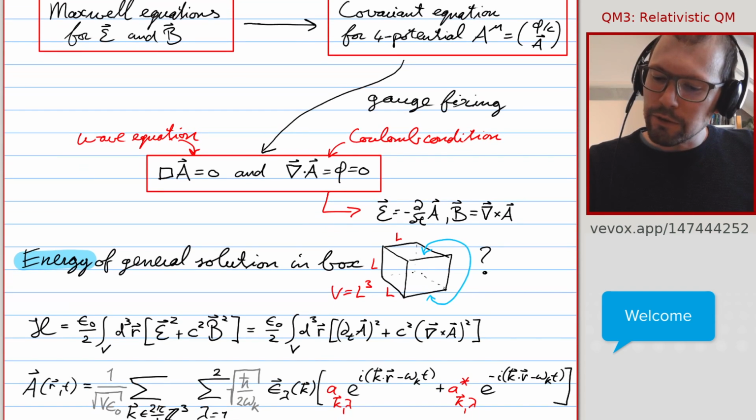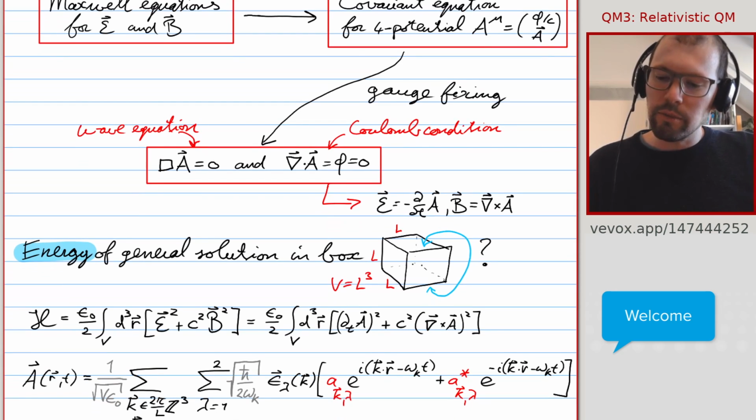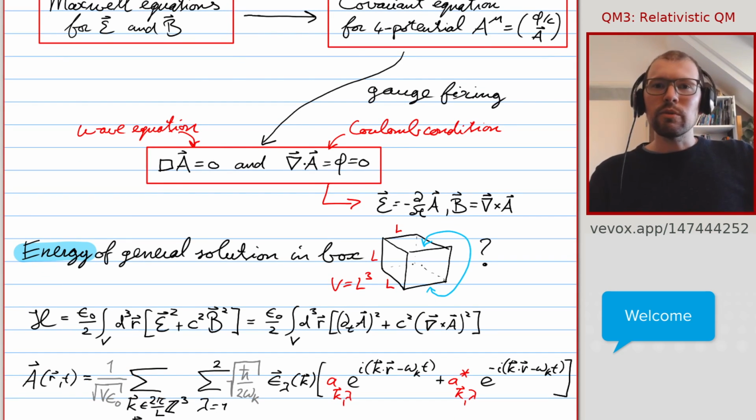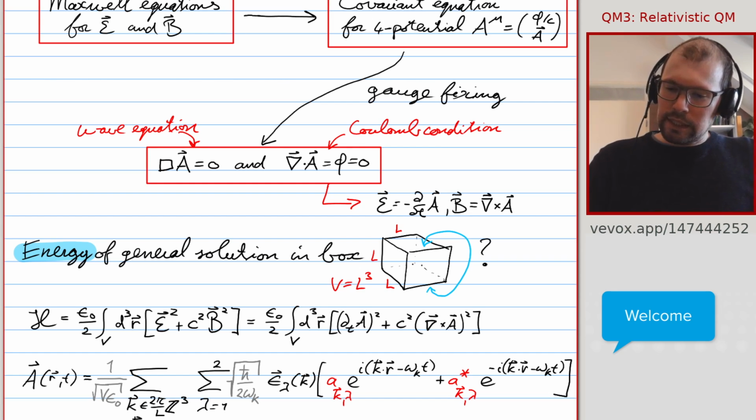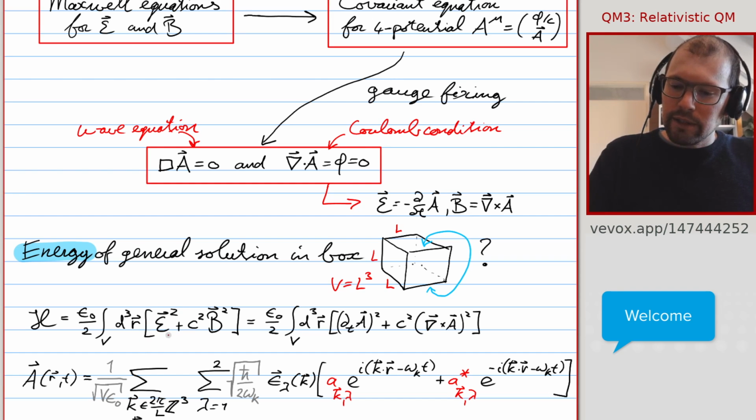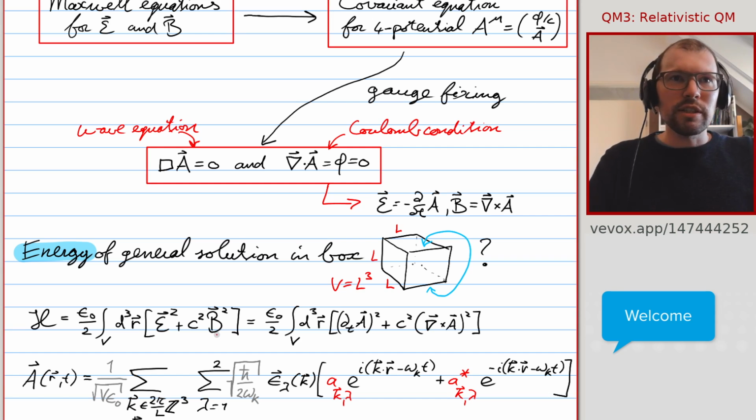And we recalled from our electromagnetism courses that we know perfectly well what the energy is that is stored in this electromagnetic field. It's simply given by taking the square norm of the electric field plus the magnetic field square norm and then integrating it over your volume.